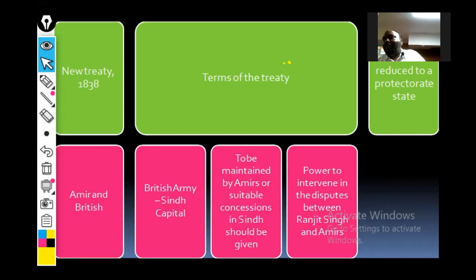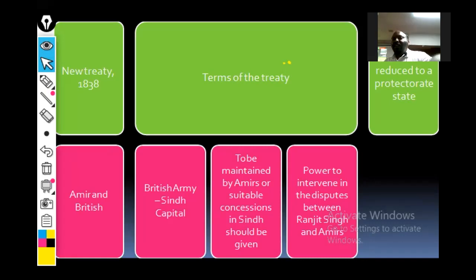After that, now subsidiary alliance. If you accept subsidiary alliance, there are no foreign affairs, defense is ours. Then what happens? They'll put one resident, one deputy governor or deputy nawab, and that person will look after the police and law and order.